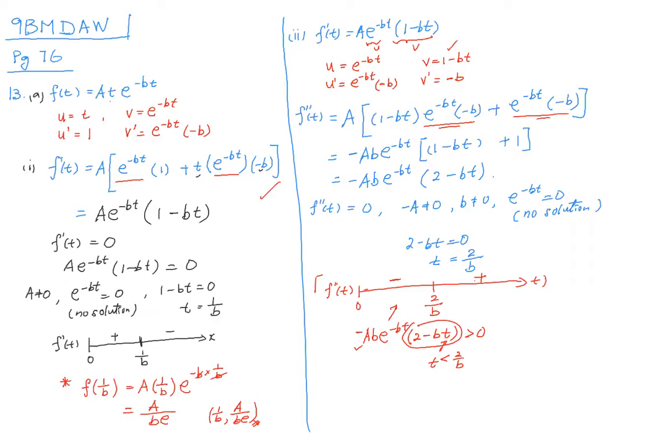There are two features: one is the stationary point, and one is the point of inflection. So I'm going to sketch the graph on the other page. When I sketch the graph, I try to make it big, so that I can show other things.